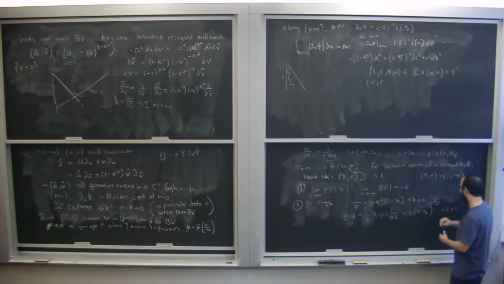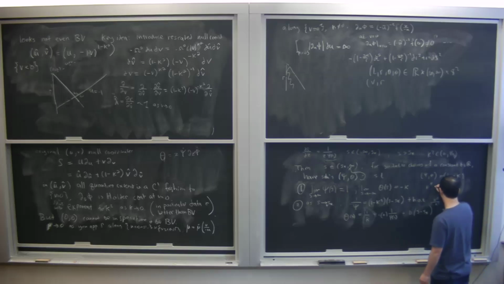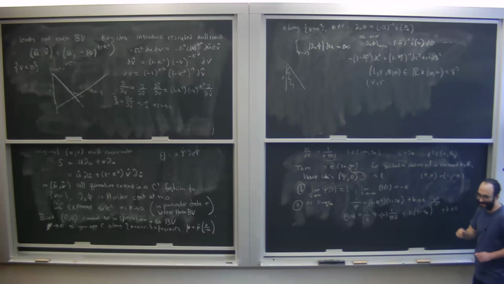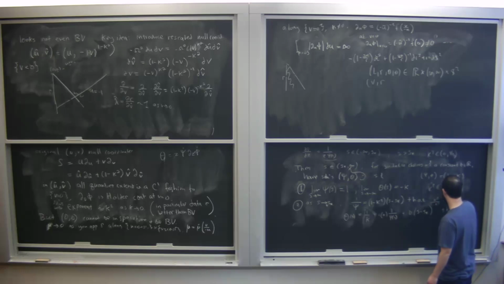When is this bigger than 1? So k squared is bigger than 1 minus k squared if k... that's a little confusing. Oh no, it's not bigger than 1. Sorry. So remember k squared is in (0, 1/3).